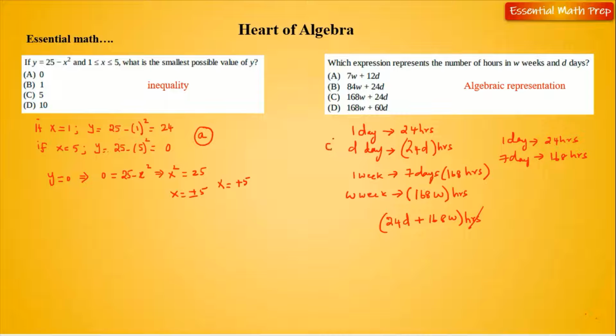You can actually try to figure out how you would get B. I'm not sure how you would get B, 84W. That's probably just a distractor, because when you have two 24Ds, I guess there's probably a way you can get the 84W.